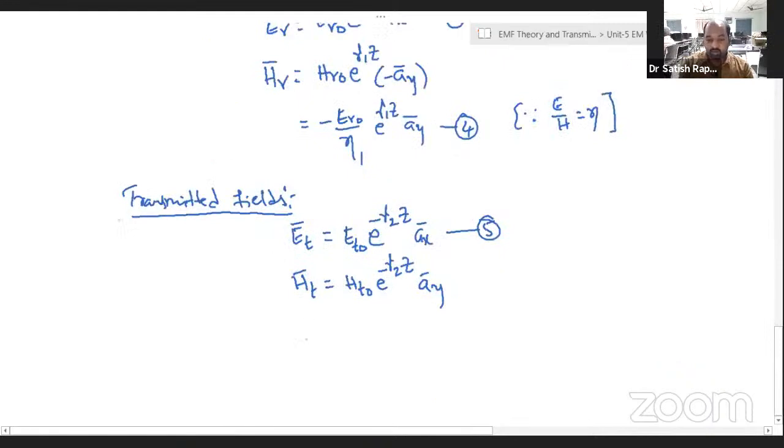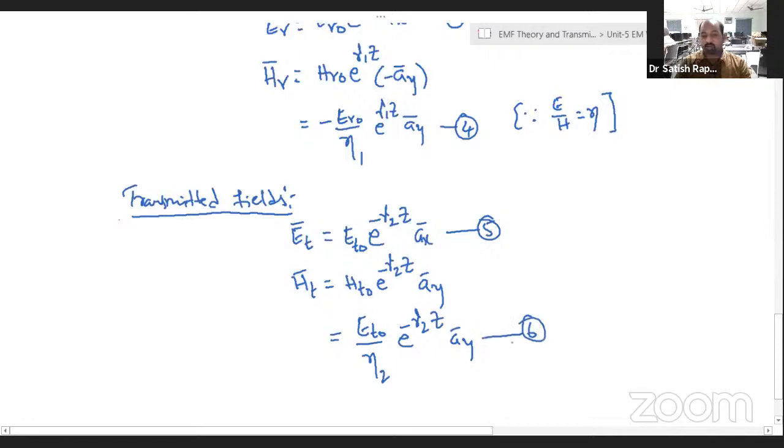This can be written as Et naught divided by eta 2, e power minus gamma 2 z Ay bar, and this is equation 6.